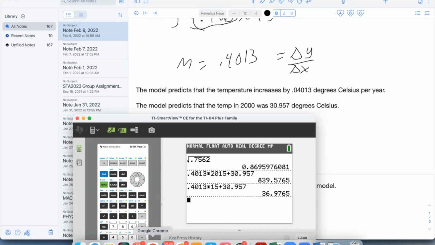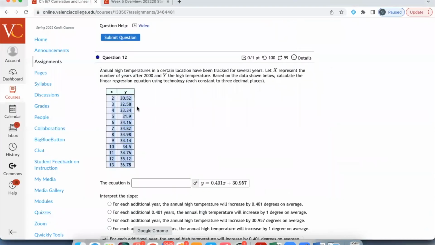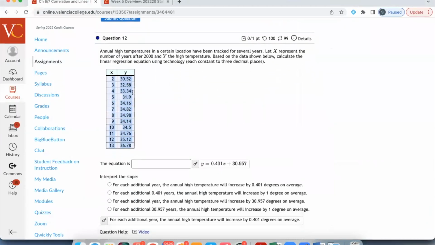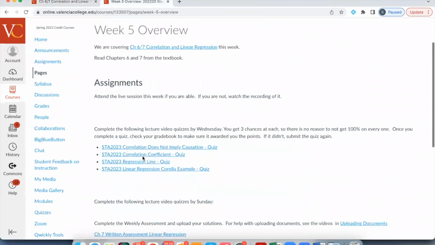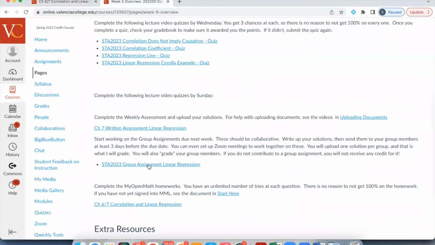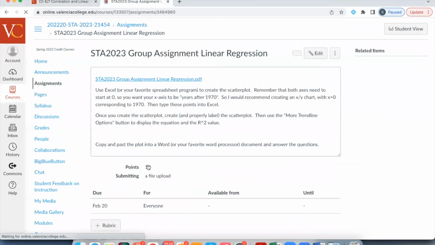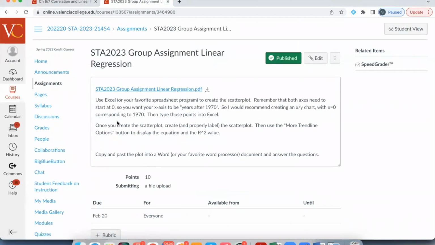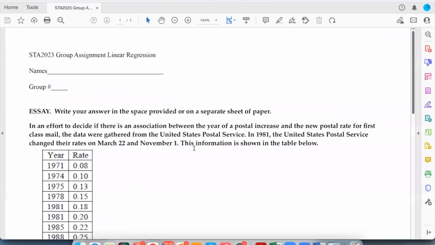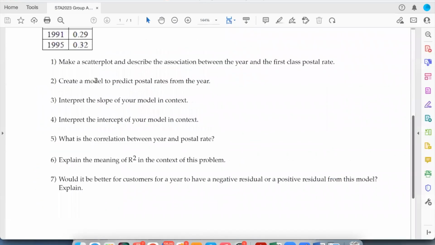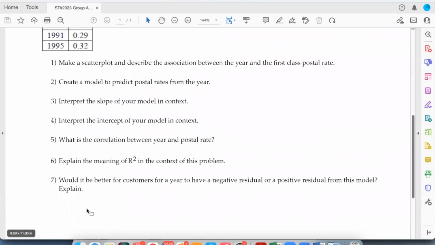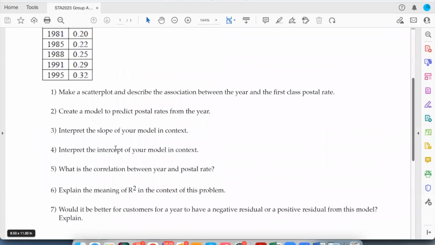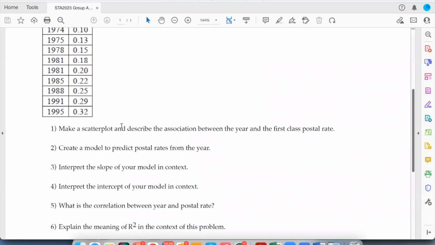Okay, so we've got this group assignment coming up that's very similar to this. Notice here, I even tell you, I want you to do this problem in Excel and then type up everything into a Word document. I don't want you printing this off and trying to write on the document itself. There's no space in here. I've had people do that in the past, and it's just impossible to grade.